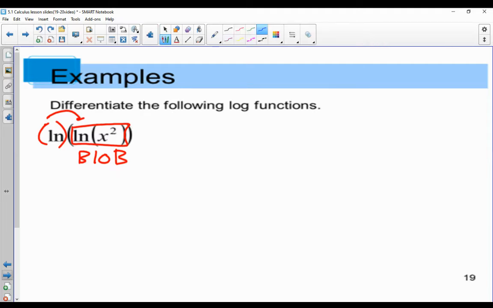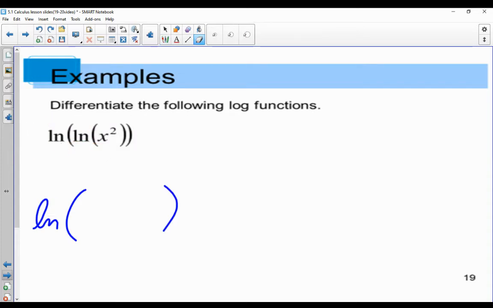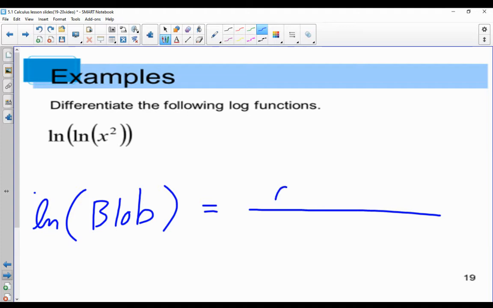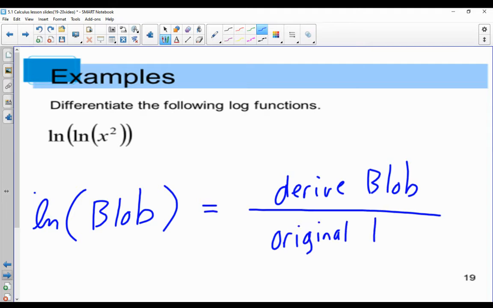And remember how I showed it to you guys. Basically, anytime you do a natural log, you're going to have some sort of blob inside those parentheses. The way that it works is you are going to derive that blob and then divide by the original blob.